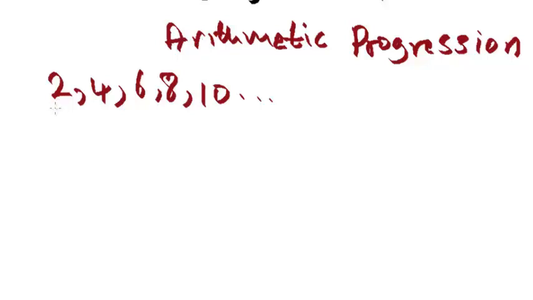When you have a linear sequence like this, the first term we call U1, the second term we call U2, the third term we call U3, then U4, U5, in that order. So it continues in that particular way until we get to whatever we want.